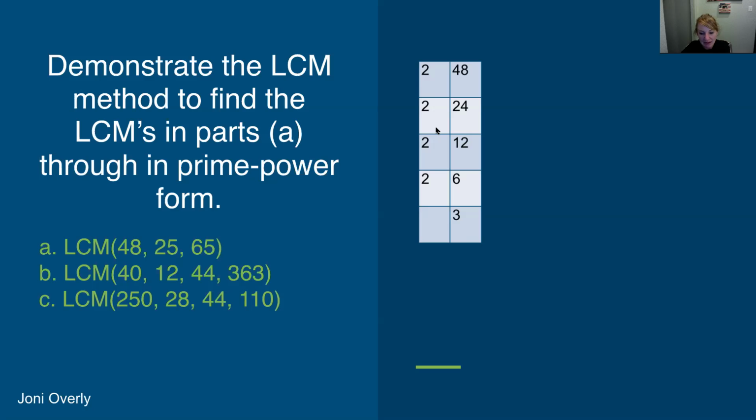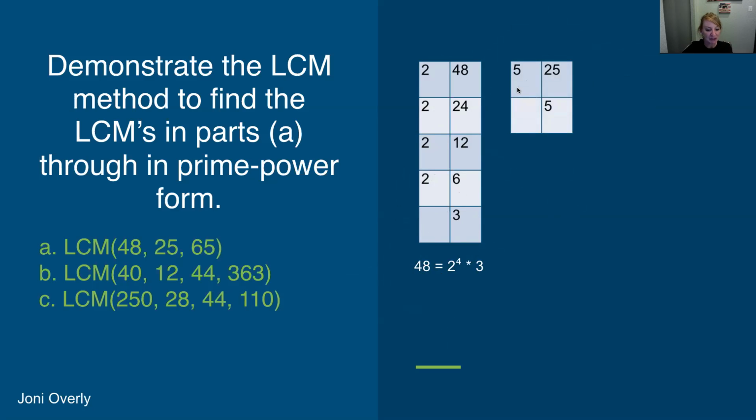And then 2 divides into 24, leaving 12. 2 divides into 6, leaving 3. So we are going to put 48 equals 2 to the 4th power, because we had to use it 4 times, 1, 2, 3, 4, times 3. Okay.